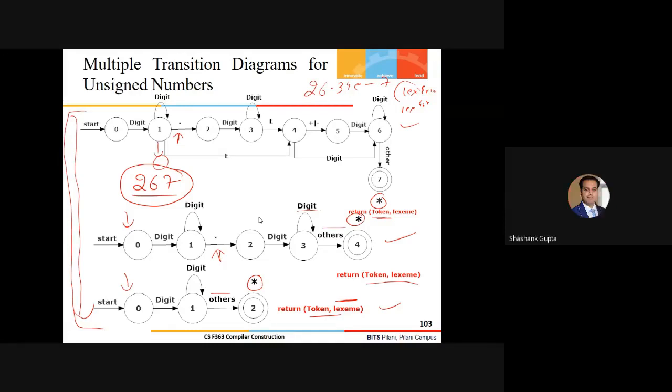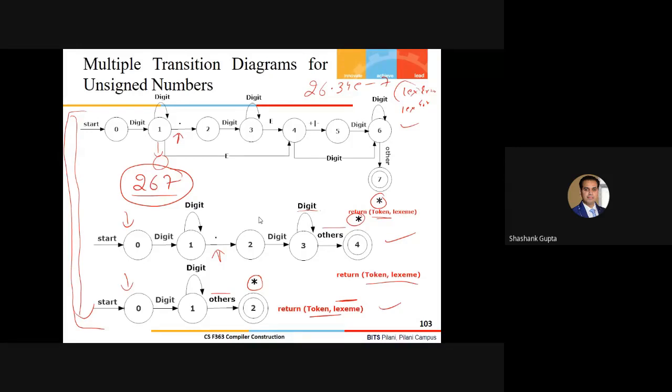So the thing here is that, like I said a few lecture sessions earlier, there must be some priority order. Let's suppose in your language specification the transition diagrams of identifiers come first and then keywords. So you will go step by step.